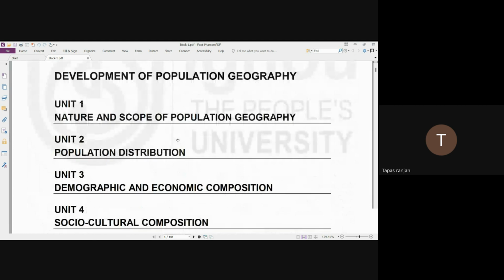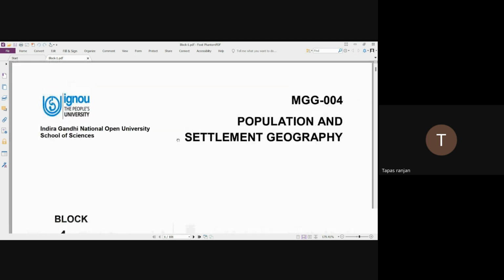Okay, so what is population geography? Before getting into this, I want to tell you something about geography. I know you might have done your honors in geography in graduation, but geography traditionally dealt with the physical geography part.